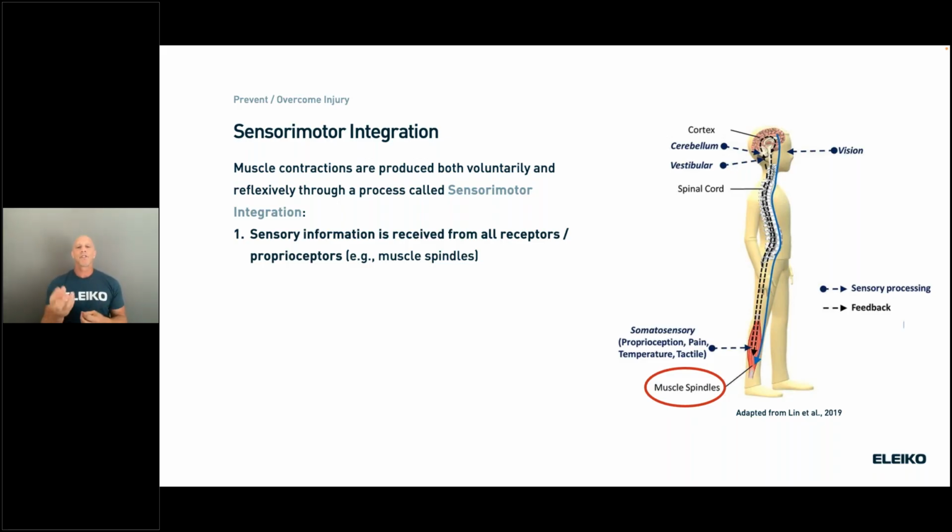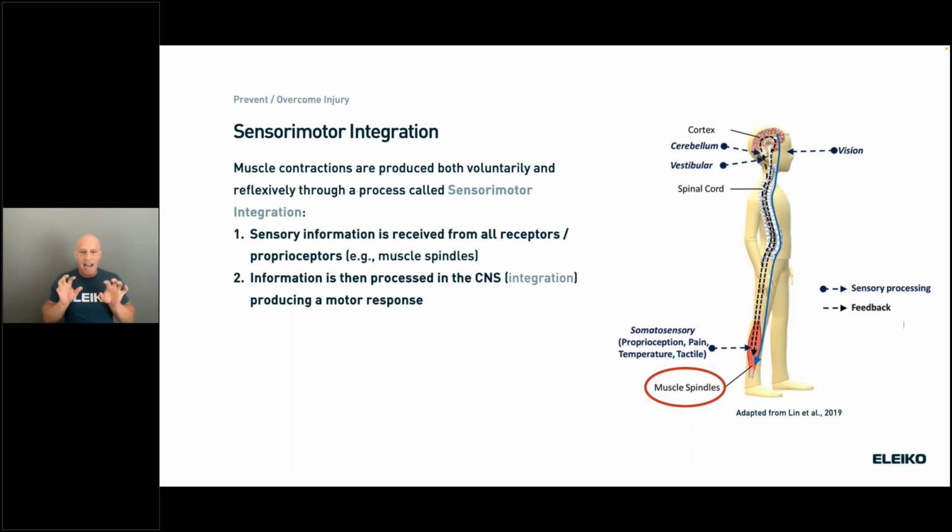Proprioceptors are little receptors, and one of the biggest ones that we're going to talk about, and I'll give you research and all that great stuff, is the muscle spindle. Muscle spindles are vital as a proprioceptor because they give feedback to the central nervous system. Based on that feedback and all this information that we give the brain, it then processes it and determines what proper movement strategy or motor response.